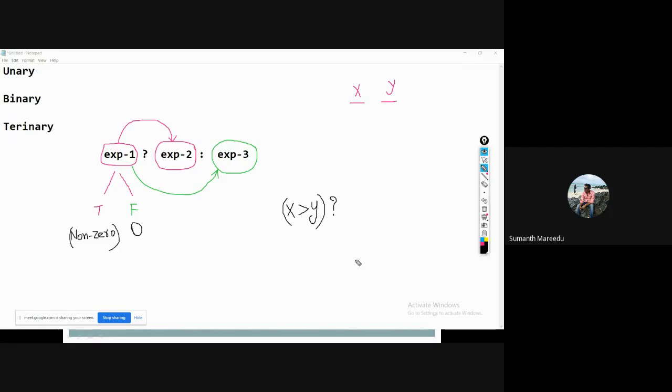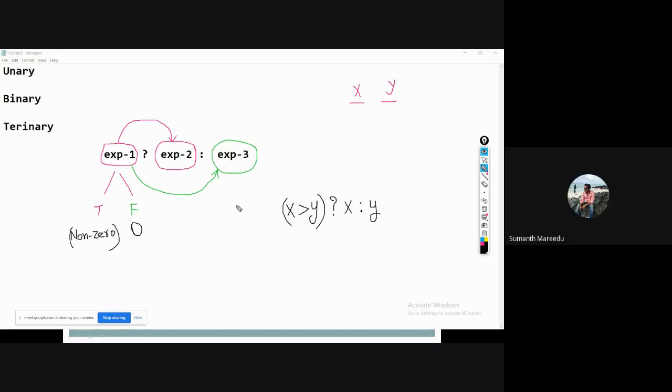That means x has a bigger value than y. Then what should we write in the place of expression 2? Which one is biggest when this is true? X is biggest. If the condition x greater than y is false, who is biggest? Y is biggest.